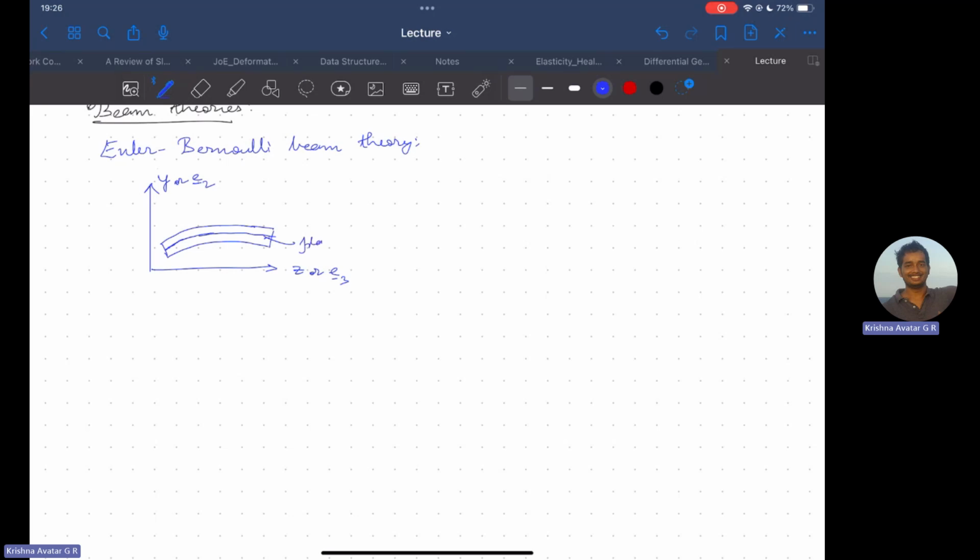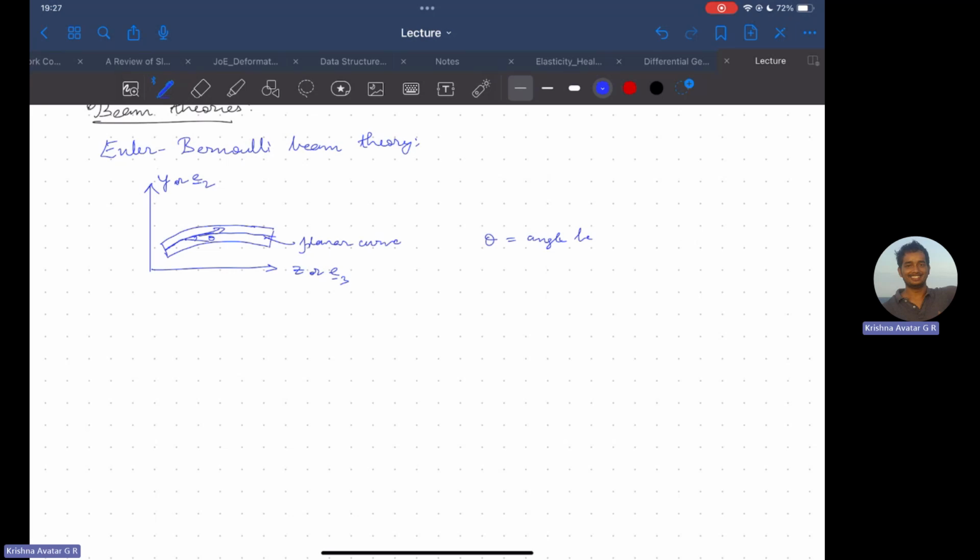So in this case, it's a planar curve. This planar curve makes an angle theta with respect to the E3 axis.